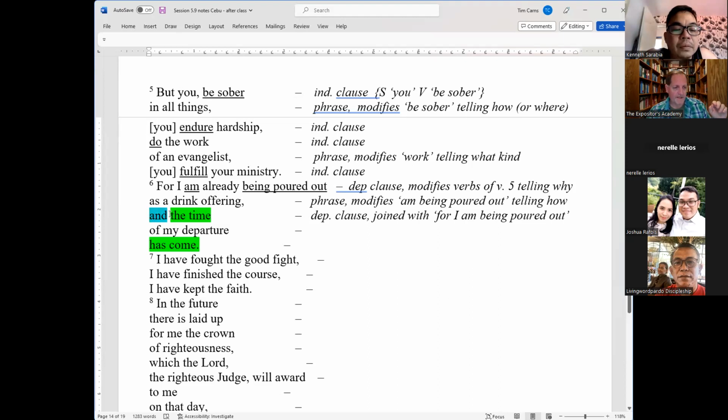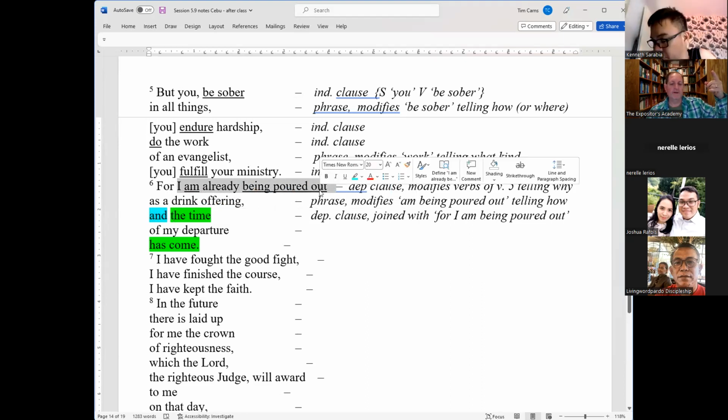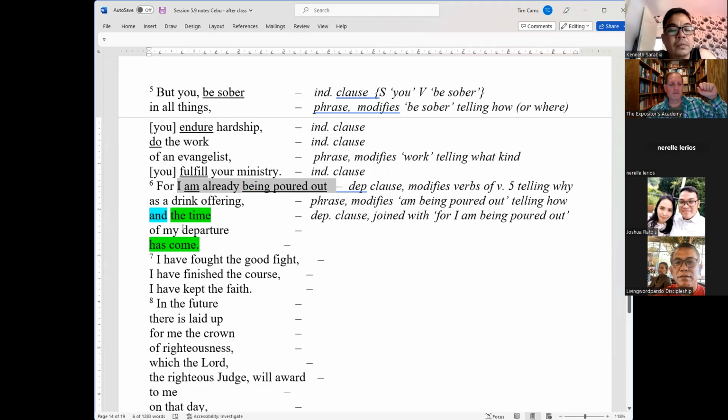If you see a coordinating conjunction, the first question is, what is it being joined to? Well, in this case, it's being joined to this clause, "I'm being poured out." Then the second question is, what then is it? "The time has come" must be a dependent clause because it's being joined to another dependent clause. And therefore, it will modify the same thing that other dependent clause modifies.